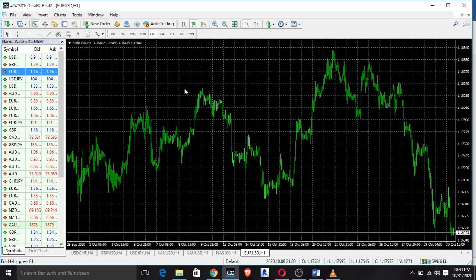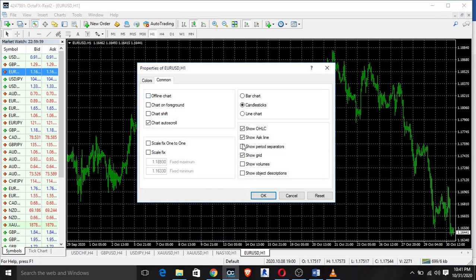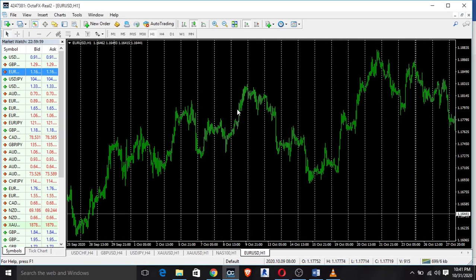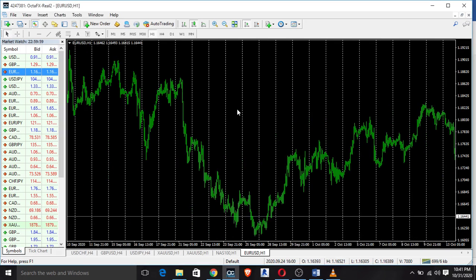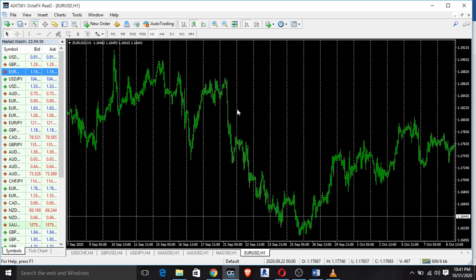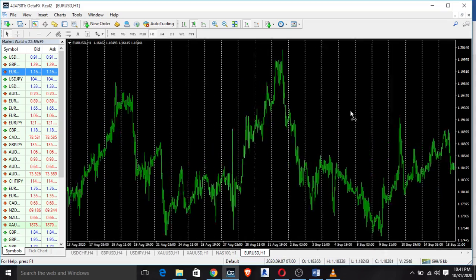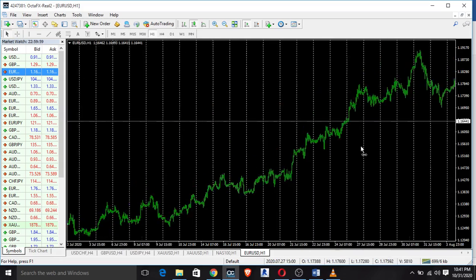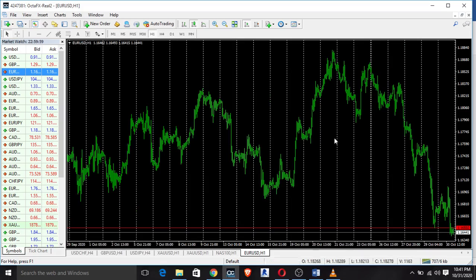Kun gani, sai ka ce 1, 2, 3, 4, 5, ka kai zumin sau 5, 6, 7, 8, 9, 10. Kun gani, idan kai zumin sau 10 zai baka clear view na chart din.